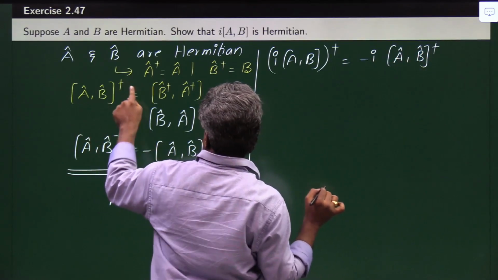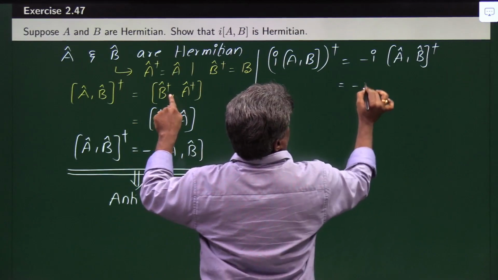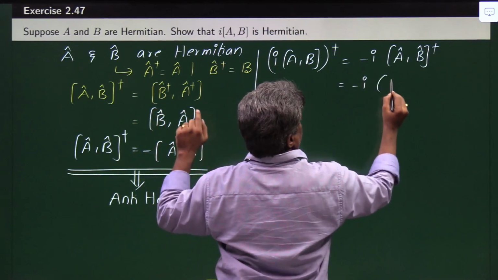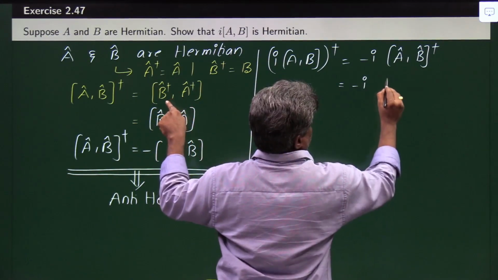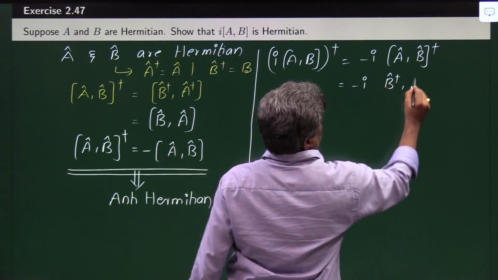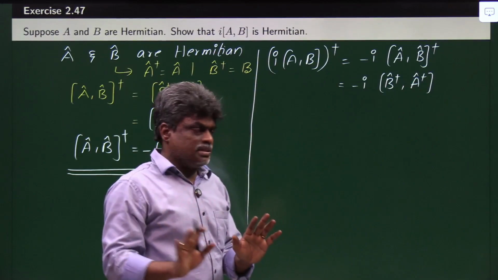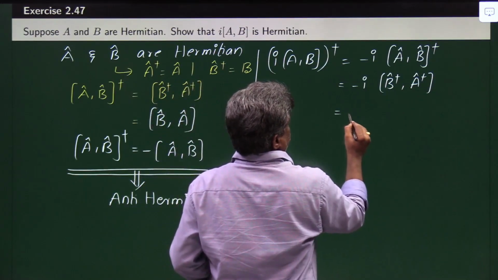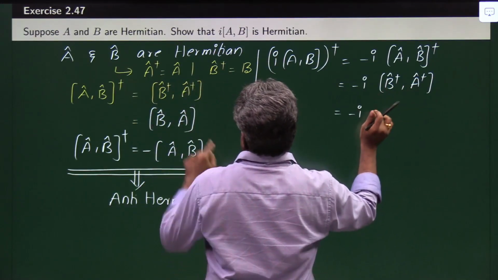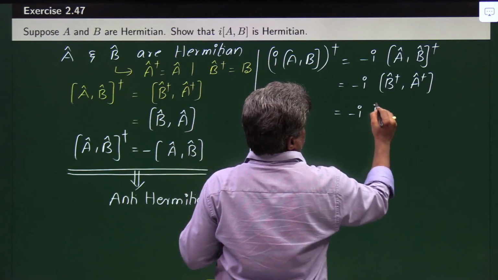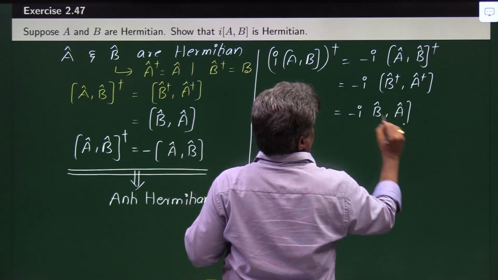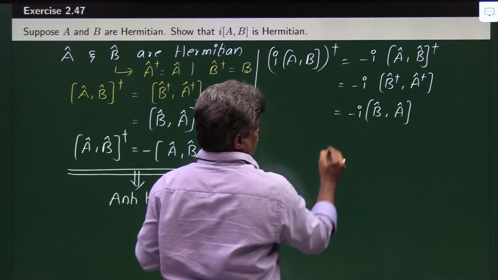We know [A, B] whole dagger equals [B dagger, A dagger]. Just use the property, it's very easy. Now here we have minus iota, B dagger is B and A dagger is A, because A and B are Hermitian operators.